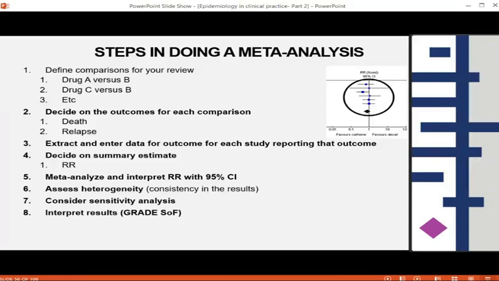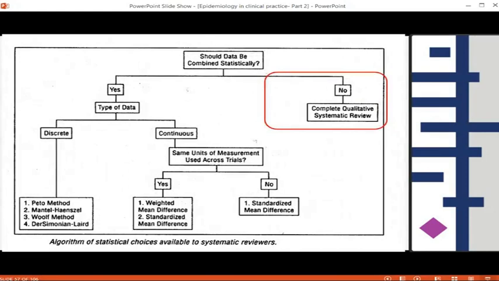And so there are the other steps. And finally, you decide what is the overall summary, right? So looking at, should you combine the data? If you find that the data are so different, studies are also different, you can say, I'm not going to do a meta-analysis. I will just report the results qualitatively, like a narrative.